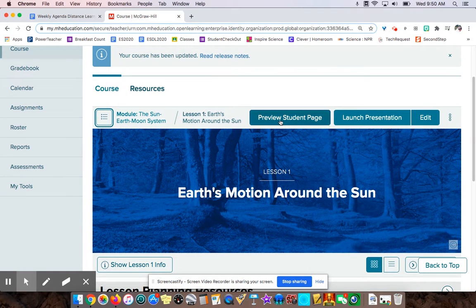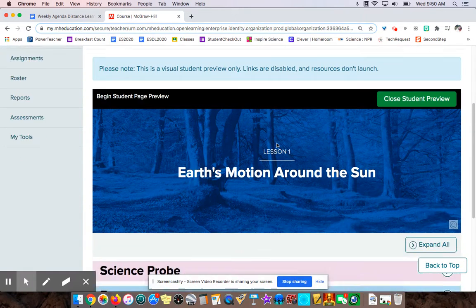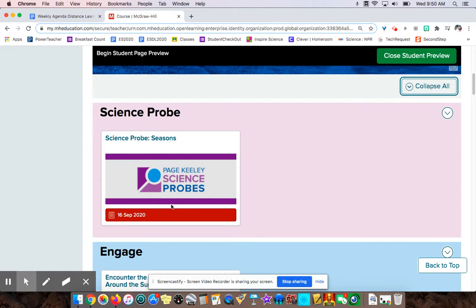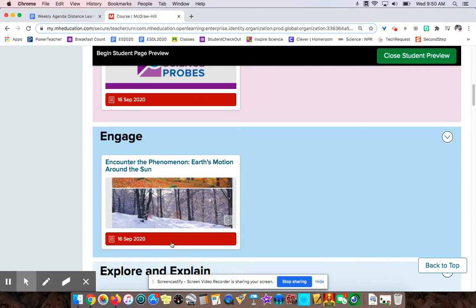Now what you should see, if you expand all, is today the science probe is due, and the engagement phenomenon is due as well. These are the 2 assignments that you're doing today, Wednesday, September 16th.